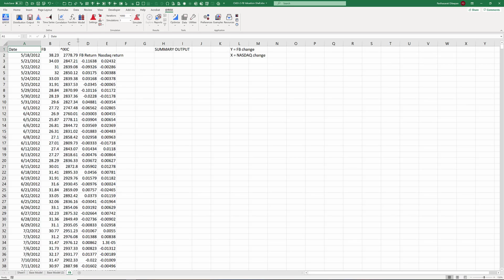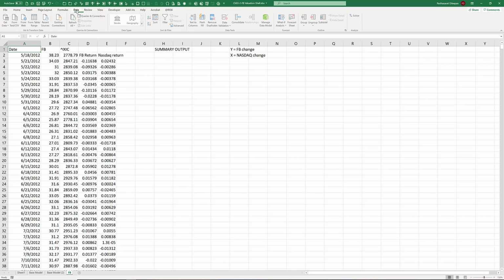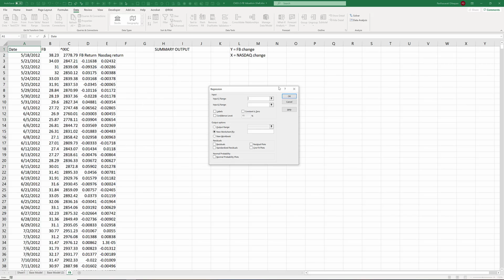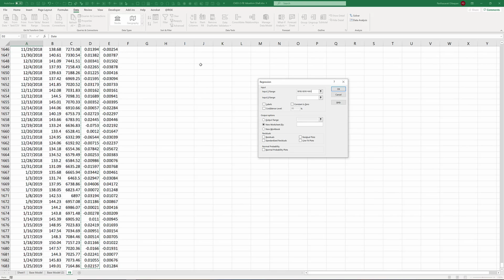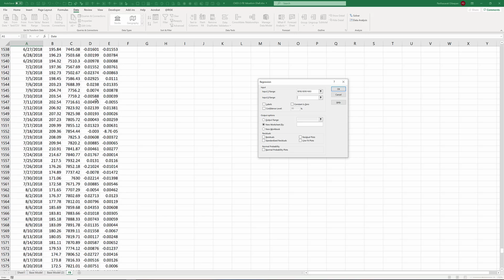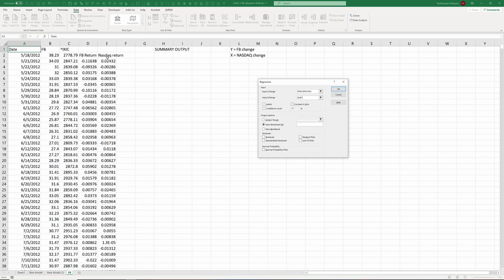We can now run regression, data analysis. All right, select regression. Input y will be FB return, and x will be NASDAQ return.